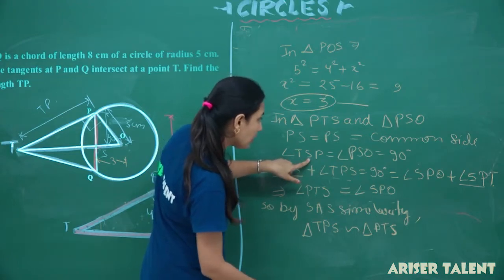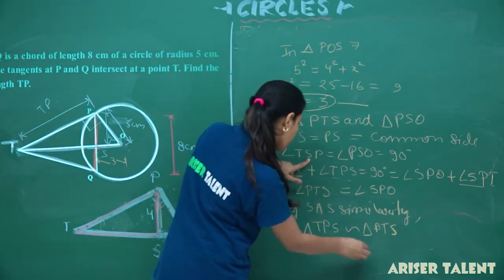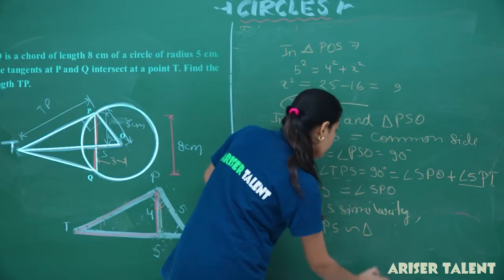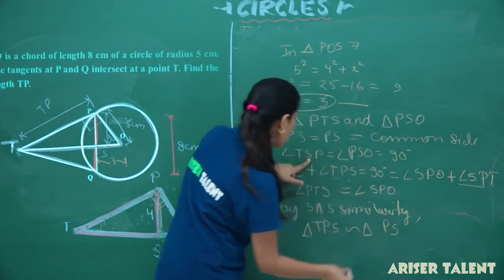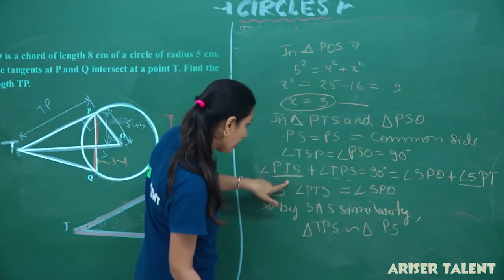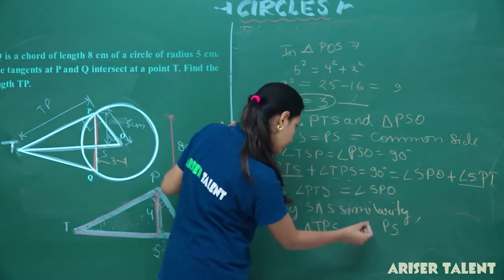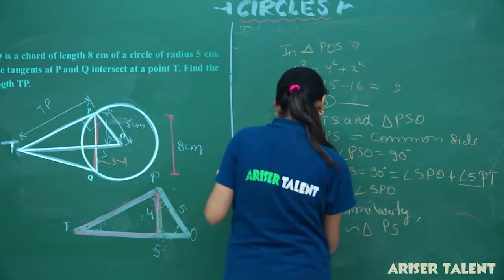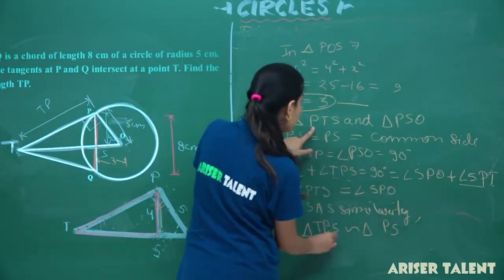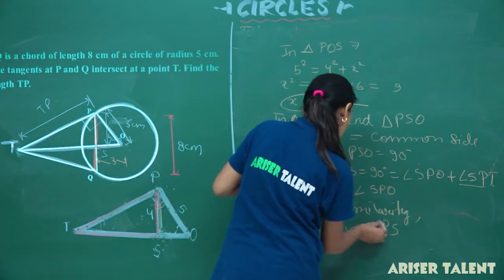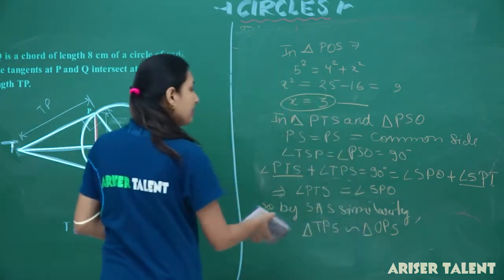Angle S equals S, P equals P, and T equals P. So triangle PTS and SPO are similar to each other.